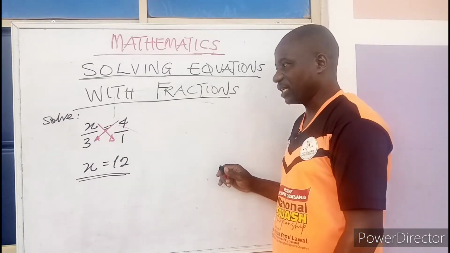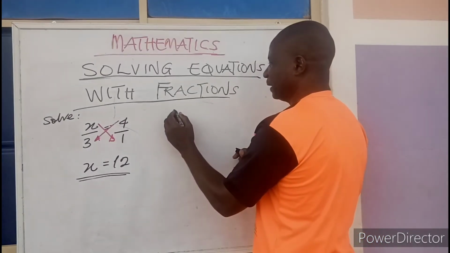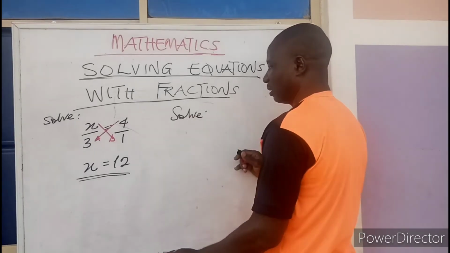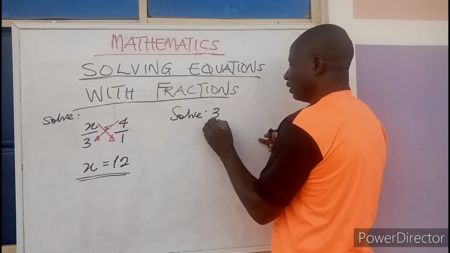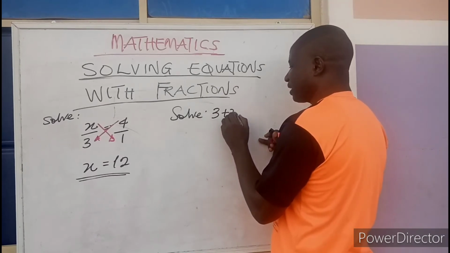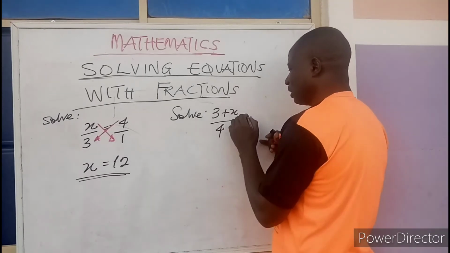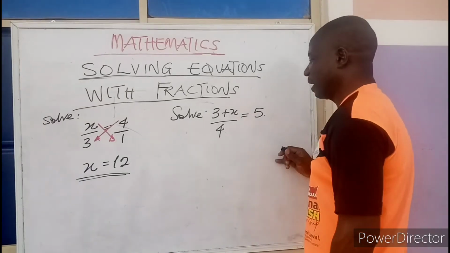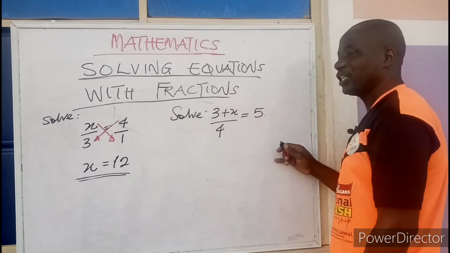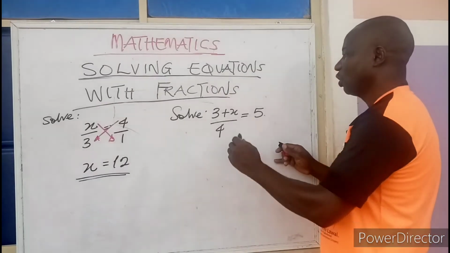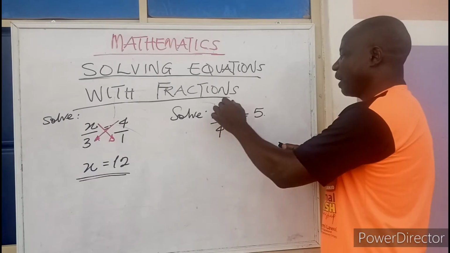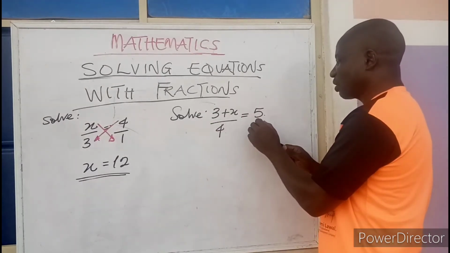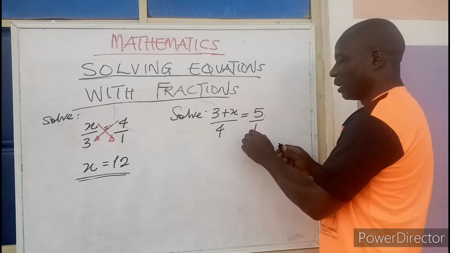Let's take another example. Solve this. Three plus x all over 4 is equal to 5. Class, as I did the other time, if I take the whole of this to be a house, this is another, make it also a fraction, all over 1.